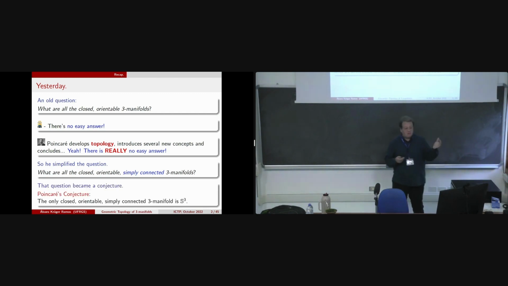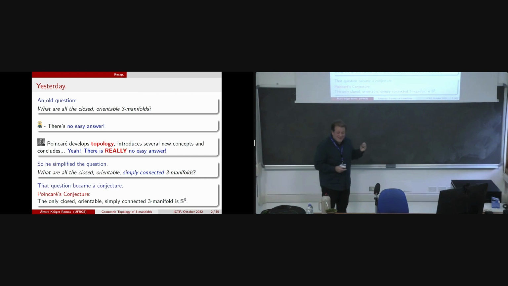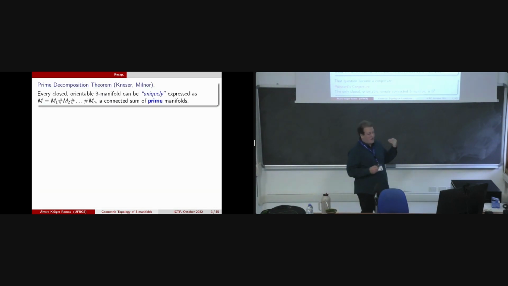This became Poincaré's conjecture, that the only example of such a manifold is S3. This conjecture remained open for exactly 100 years, which shows this is a really hard question.